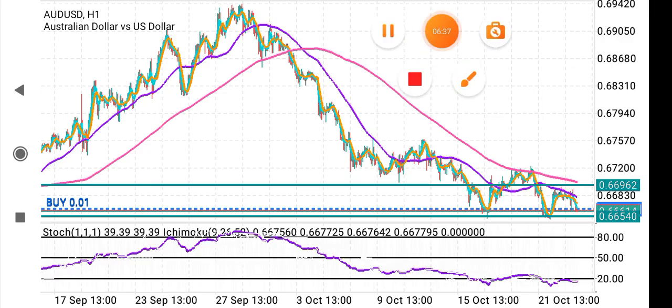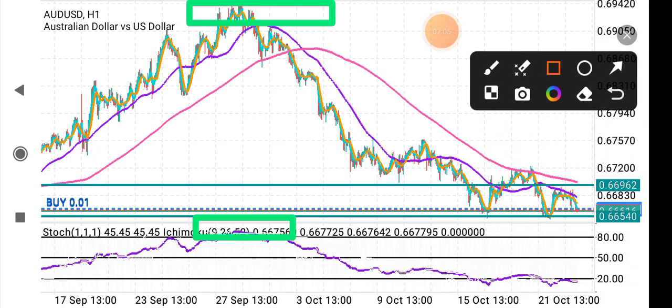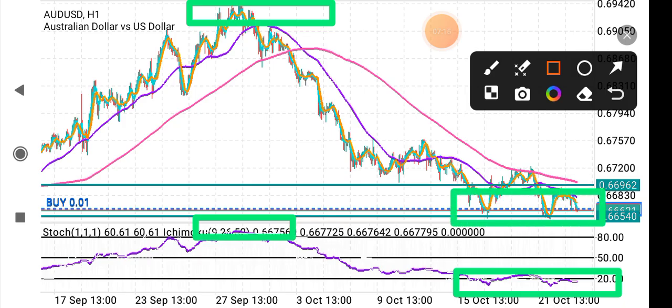So Ichimoku is going to tell us the extremes of the market, whether the market is oversold or overbought. Like in this region, the market was at peak, which means we had to reverse and sell. It is this region. And then also when you observe at this region, the market has been at extreme levels, which is now this region.